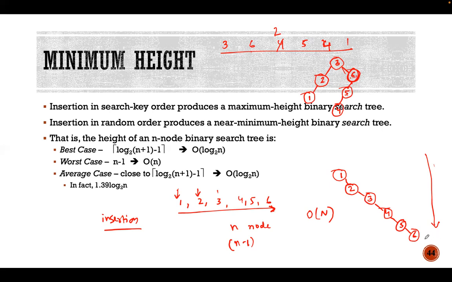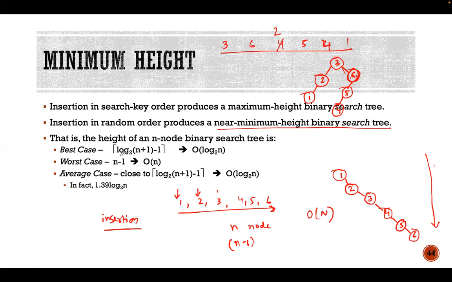So instead of having a height that is the same as the number of nodes, if we insert the numbers in a random order, that can produce a near minimum height binary search tree.